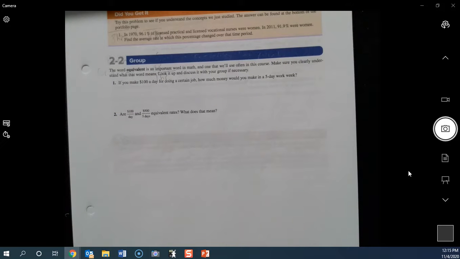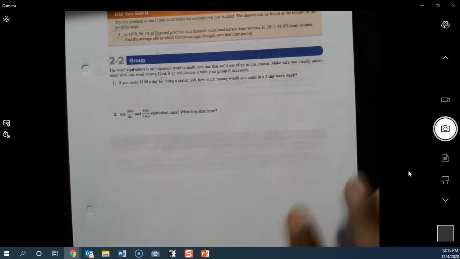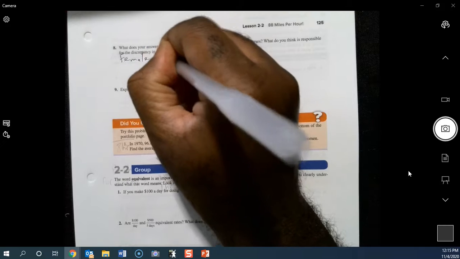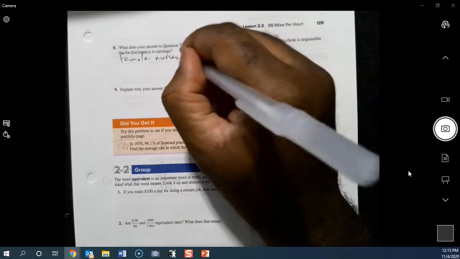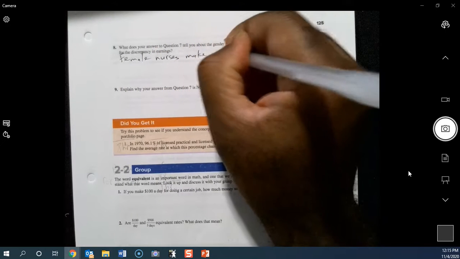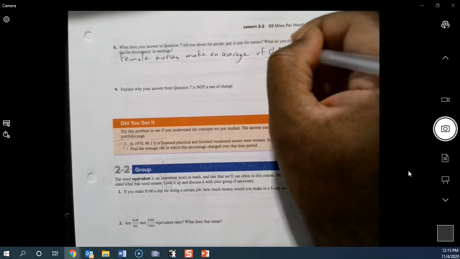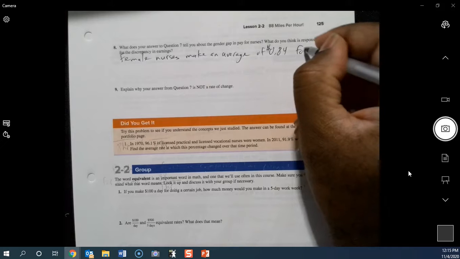Okay, now we move on to the next page. It says, what does your answer to question 7 tell you about the gender gap in pay for nurses? What do you think is responsible for the discrepancy in earnings? Okay, female nurses make an average of 84 cents for every dollar male nurses make.